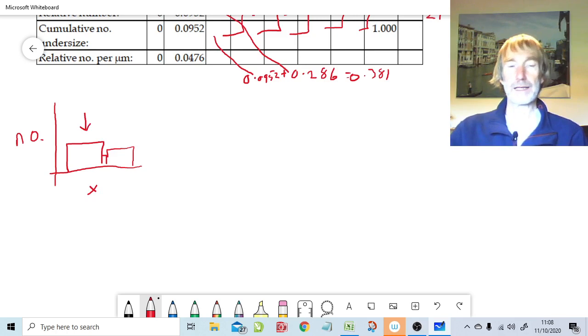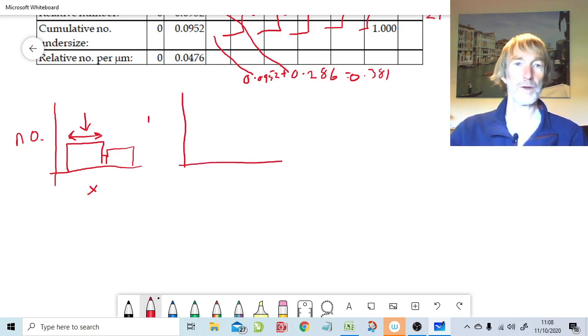Okay, but clearly that is not a fair comparison. It's not a fair comparison because we have a massive range in that particular grade and a very small range in this particular grade. So if we were to normalize it, instead of plotting number, we want number per micron range.